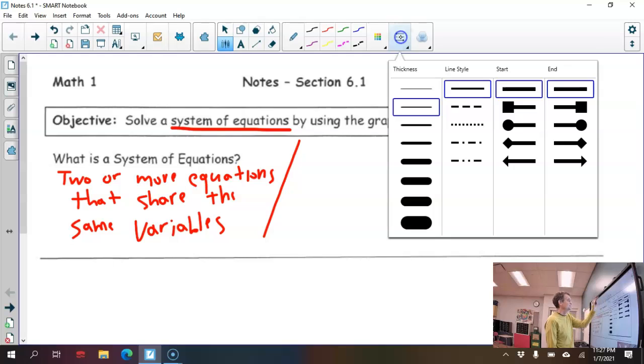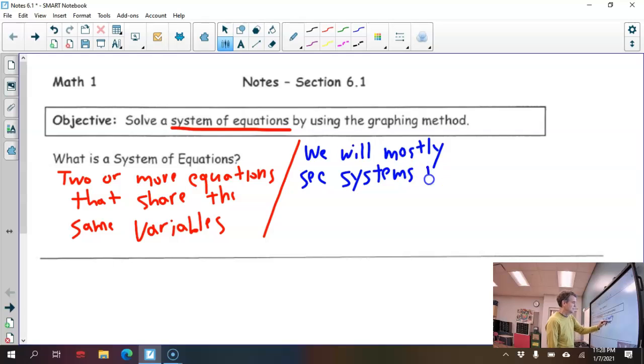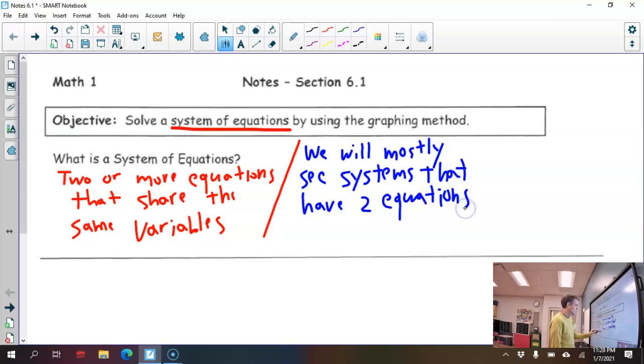Now, typically, we will mostly see systems that have two equations with two variables.